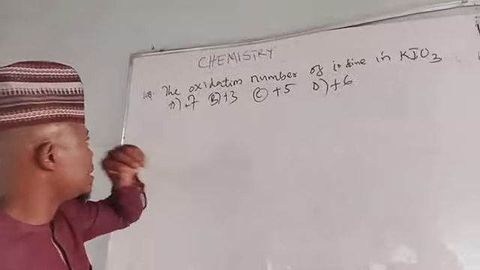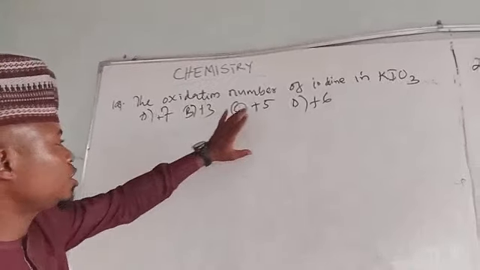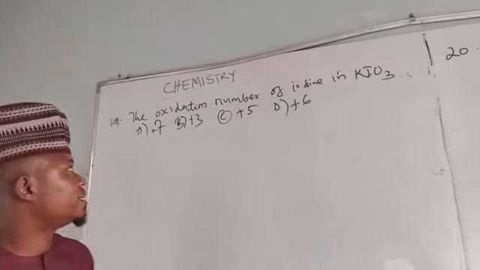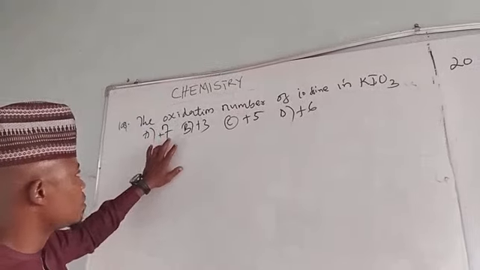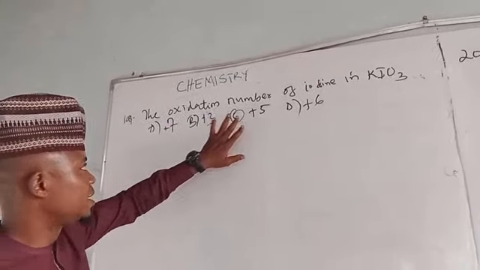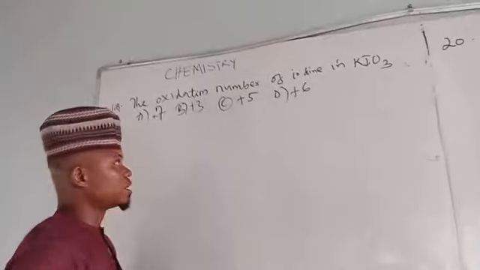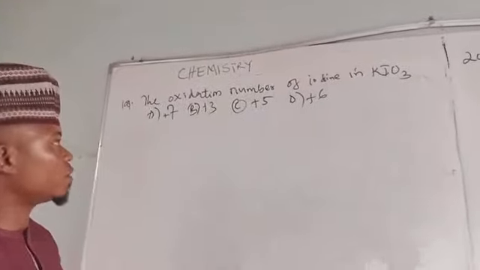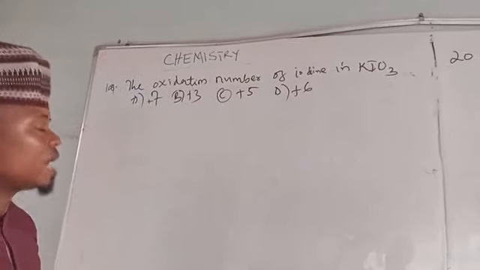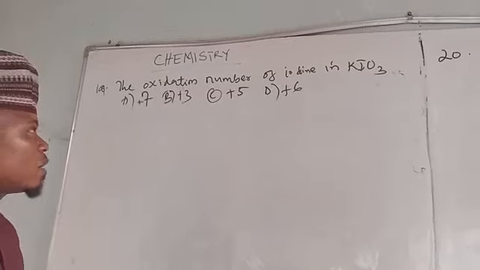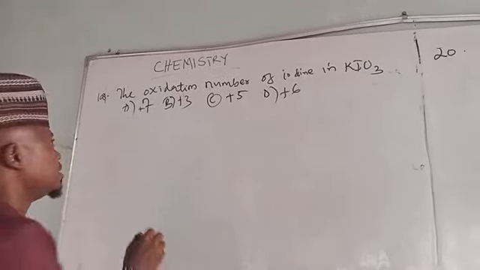Alright, number 19. The oxidation number of iodine in KIO3 is A plus 7, B plus 3, C plus 5, D plus 6. Remember we discussed oxidation number, how to calculate the oxidation number of an element. There's a rule: the sum of all the oxidation numbers of elements in a compound is equal to 0.